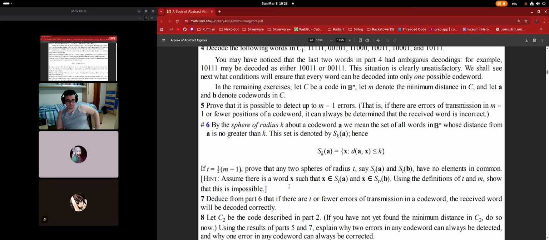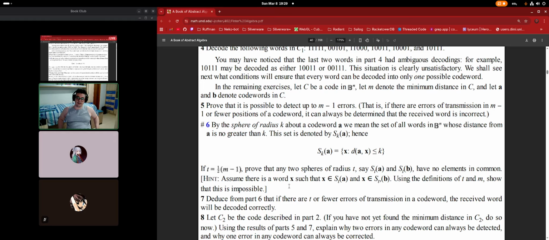Well, the radius is just half of the minimum distance. It's actually slightly less, because of that minus one there. Right, sure. That means that for something to be in both spheres, the two spheres would have to overlap. But because the radius is actually less than half of the minimum distance, they cannot overlap.